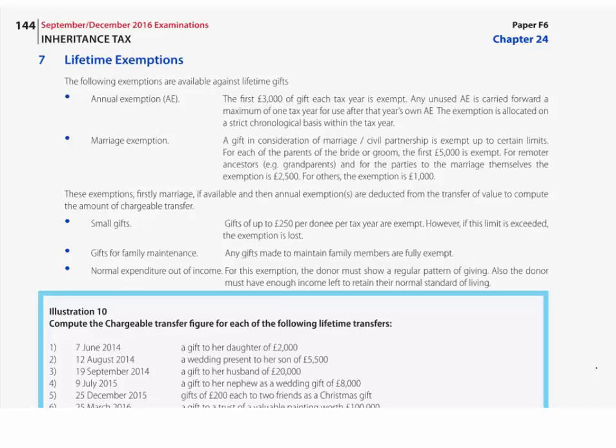And having computed the lifetime transfers chargeable on death, then you can deal with your chargeable estate, which you may be given as a figure, as I have given to you in previous examples, or you may be told the contents of the estate. You list out those assets, again watching out for a deduction for a mortgage, for example. Is it an endowment mortgage, or an interest or repayment mortgage, as to whether you don't or you do make deductions from the value of the property.